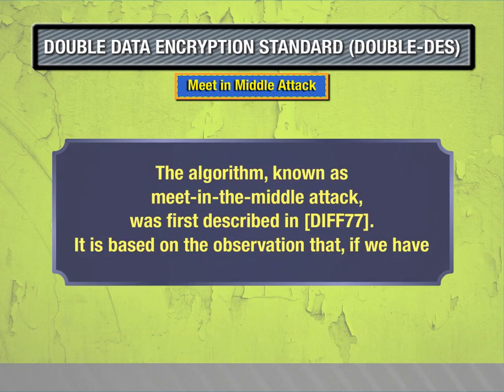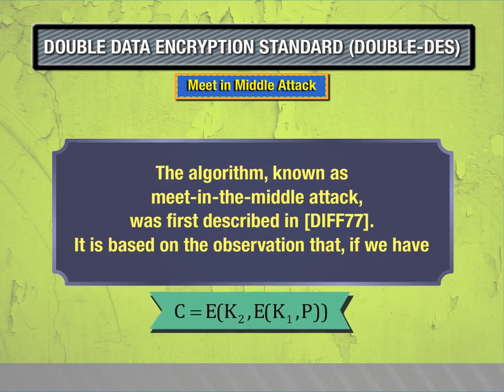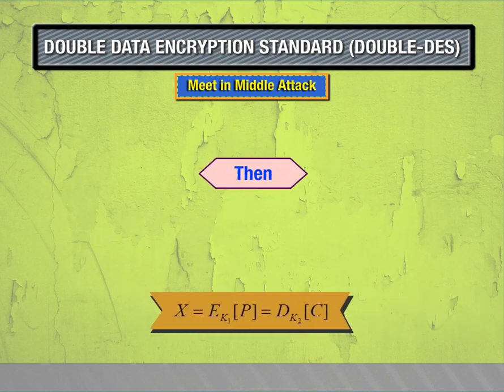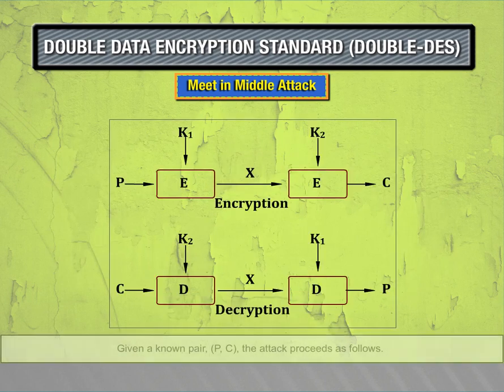The algorithm known as meet-in-the-middle attack was first described in Diffie 77. It is based on the observation that if we have C = EK2(EK1(P)), then X = EK1(P) = DK2(C).